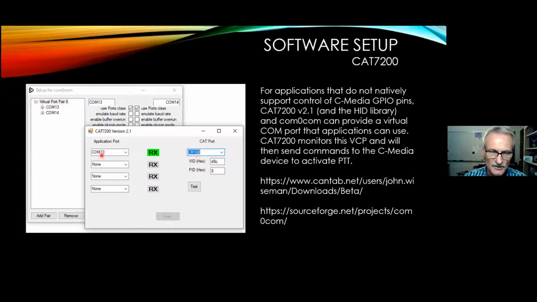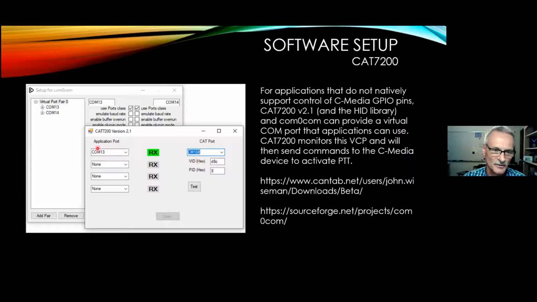And so what it does is it watches this COM port for an application to raise the request to send pin. And when it does that, it goes over and sends the HID commands to tell the GPIO pin on the C-Media device to go active.